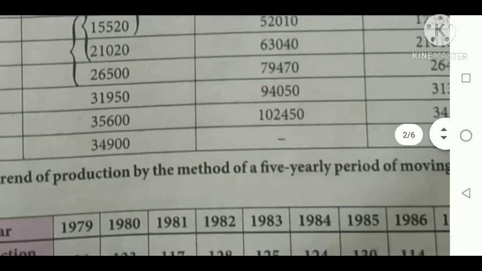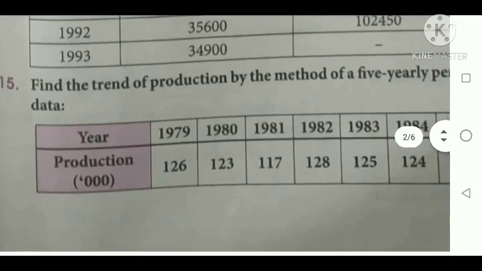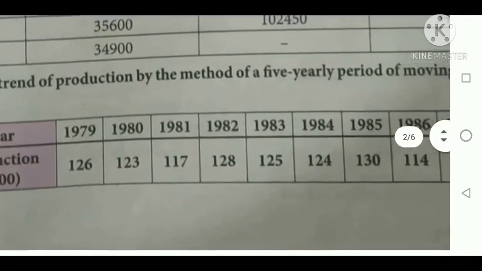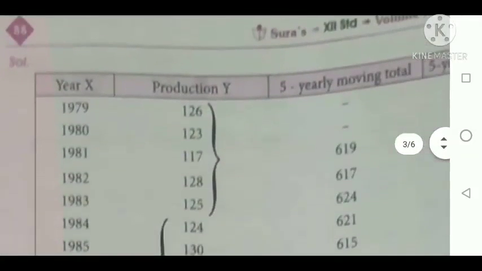Now next, find the trend of the production by the method of 5-year moving average. Here also we are doing the same method, but we are adding 5 years. First add 5 years' production, that is 1979 production, 80, 81, 82, 83. You are getting 619.